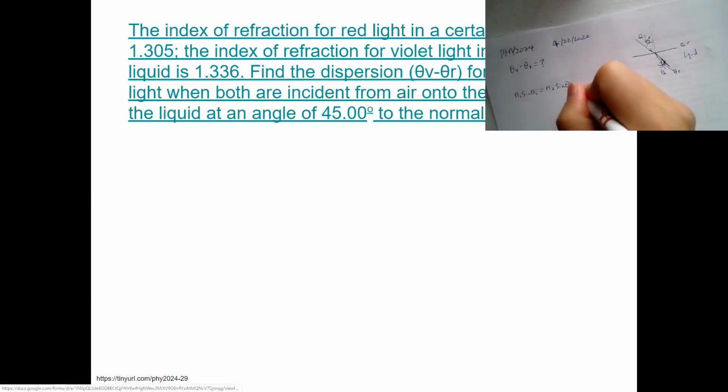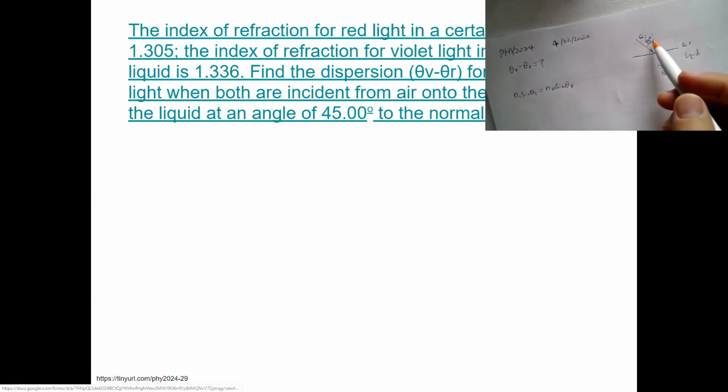We will pick theta v here. Now we should also use the index of refraction n2v for the violet. You might wonder whether the index of refraction of air should also be a little different from violet to red light.